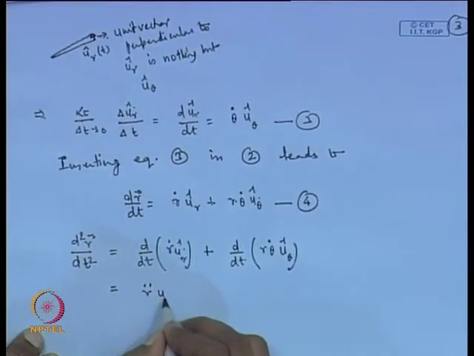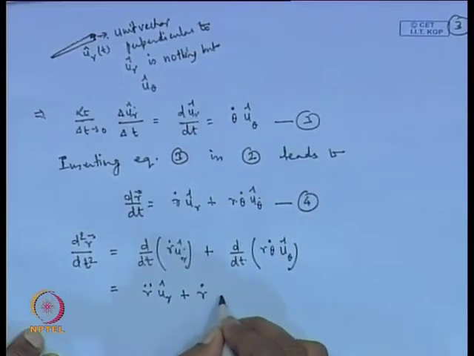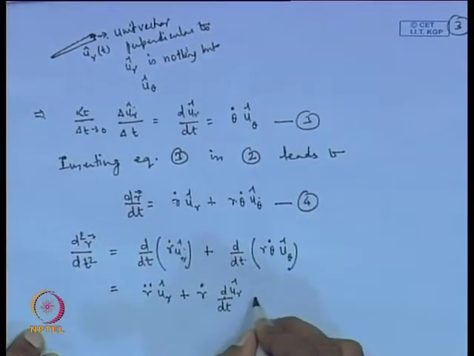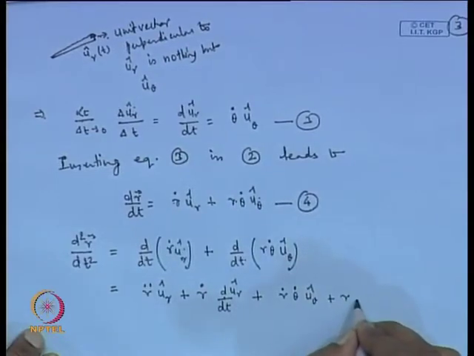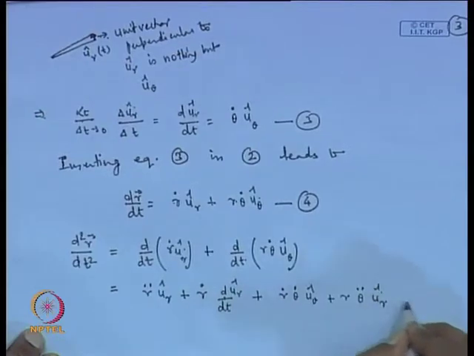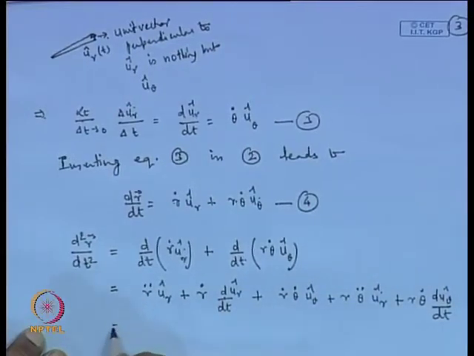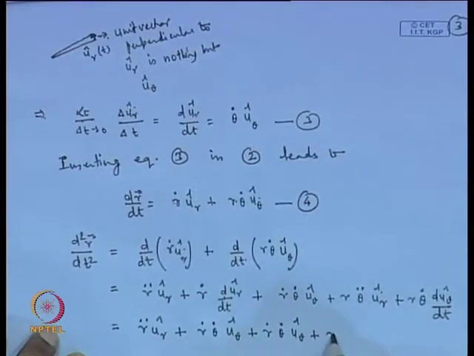So, this can be expanded. As usual, d u r by dt here can be replaced by theta dot times u theta cap, giving r times theta dot times u theta cap plus r dot theta dot times u theta cap, then r times theta double dot times u theta cap, and r times theta dot times d u theta cap by dt.